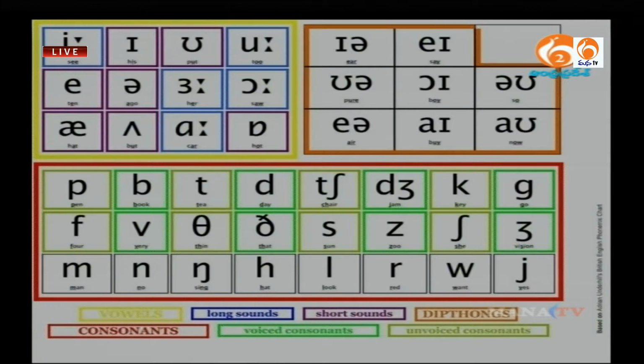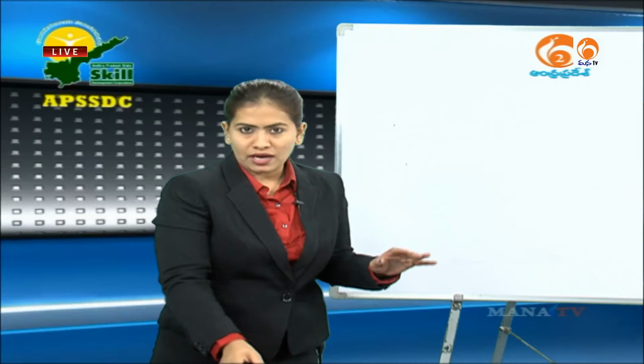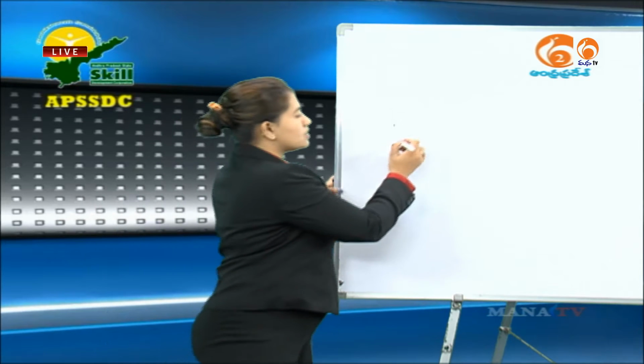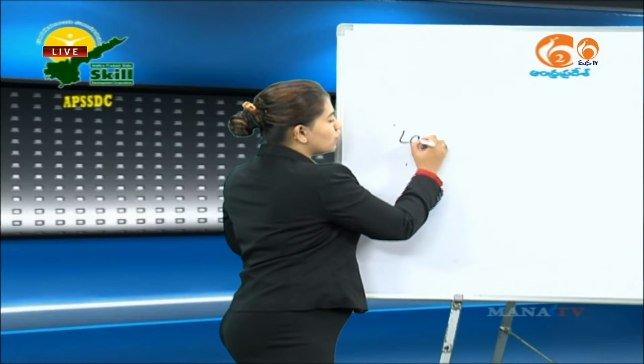The word vowel came into English from the Latin word vocalis, which means voice. I want your concentration here on the board right now while you are listening to this information. The only thing to keep in mind is that it's a Latin word.